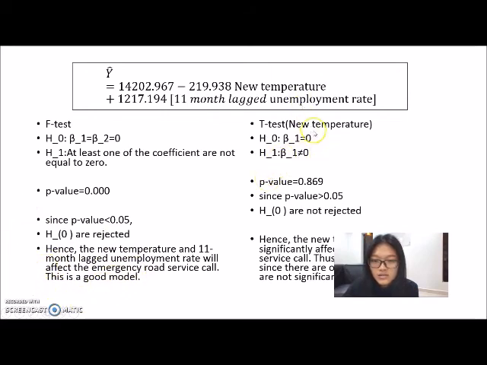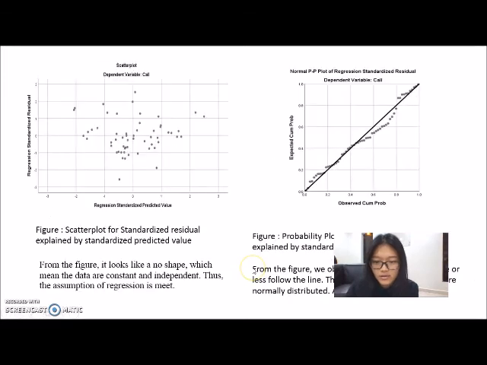For the t-test on new temperature, the p-value is 0.869. Since the p-value is greater than 0.05, we fail to reject H naught. The new temperature has no significant effect on the emergency road service call, so the model is not good since one independent variable is not significant.